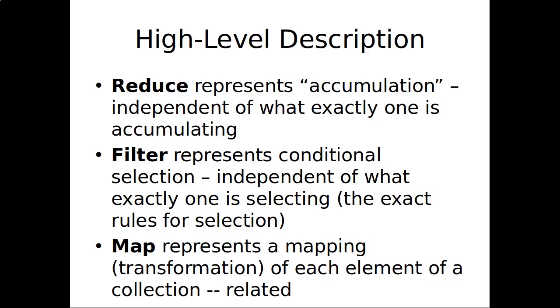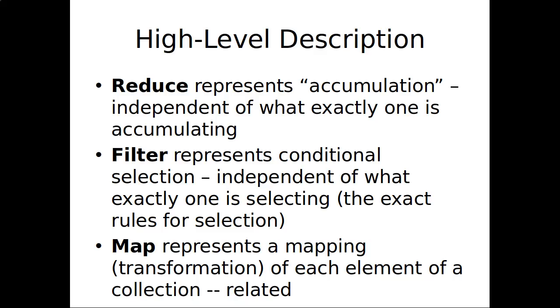Map, we saw it last time, represents a mapping of each element of a collection. So here we have a collection, and we produce a collection, and each element of the new collection is the result of applying a specified function to the corresponding element of the original collection.